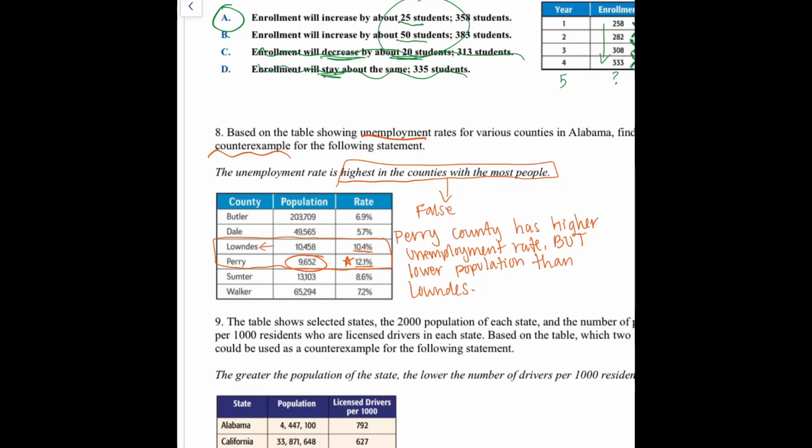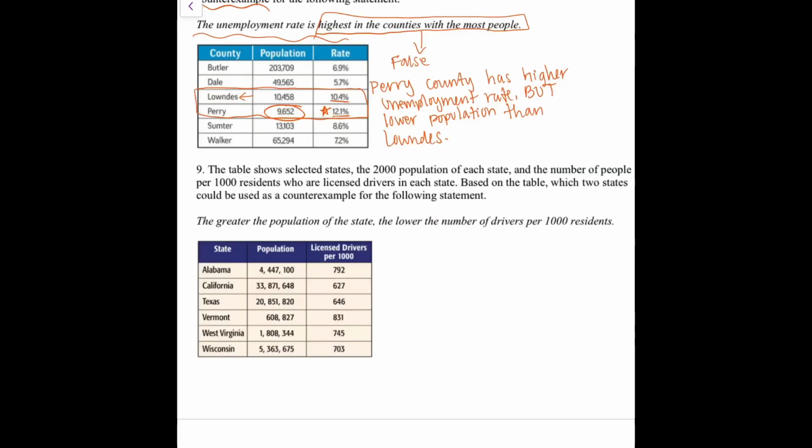Not quite sure. So that's going to be our counterexample there. Looking at the data in the table, this is telling us that that's not always true. The statement that they started us off with is not always true, and I gave a counterexample for it.